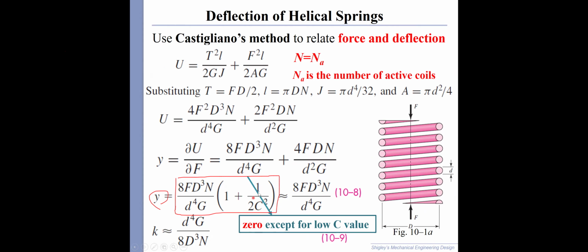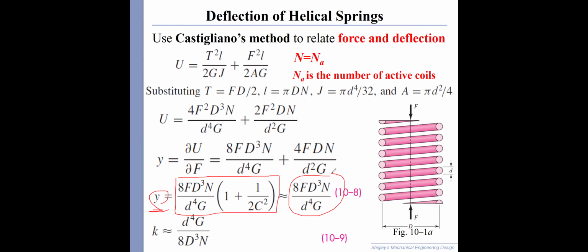Therefore, we can ignore this term, except for a low C value. Suppose C is 2 or 3; in this case, maybe you have to take this term into account. But in the general case, this term can be set to 0. Therefore the deflection equals this term.